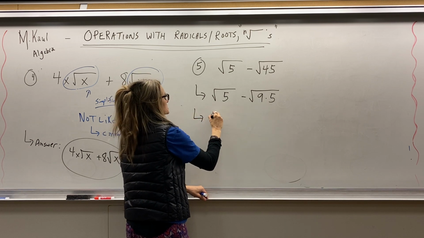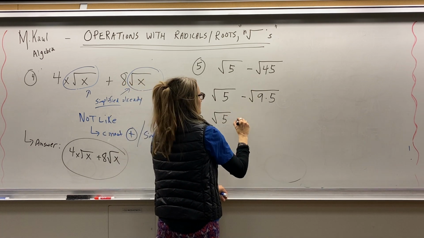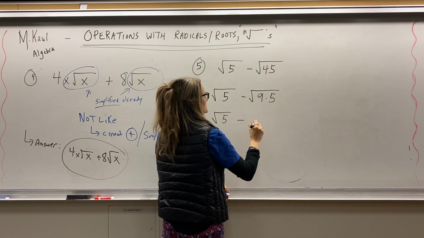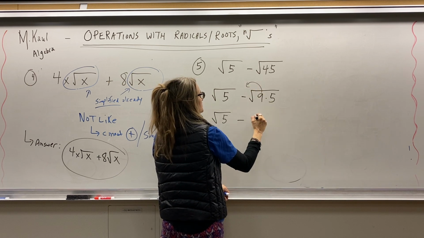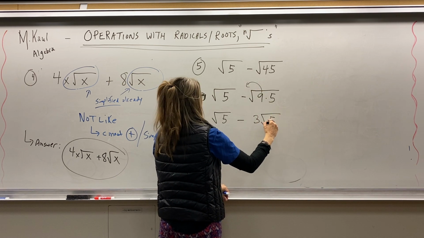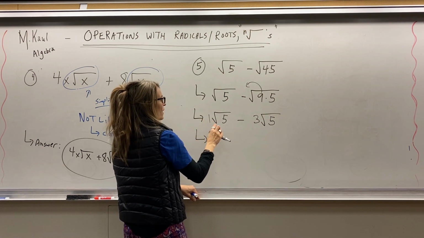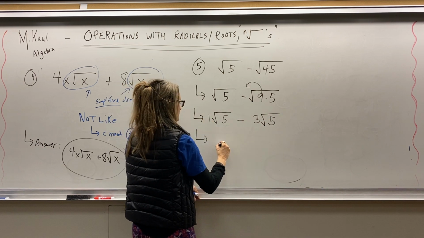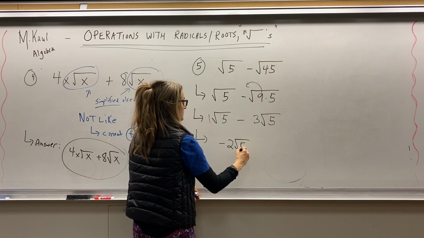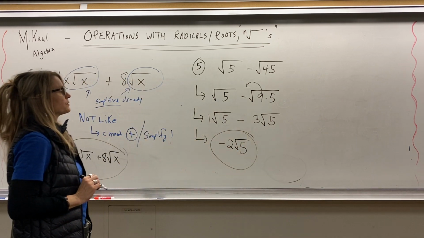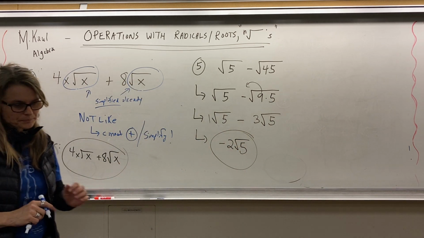And this becomes the square root of 5. And we might have some luck in this case in simplification. This comes out and gives you a 3 square root of 5. And now I have 1 square root of 5 minus 3 square roots of 5 gives me a negative 2 square roots of 5. So you will end up with negative numbers sometimes as well.